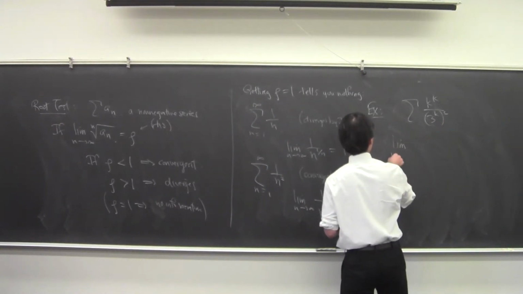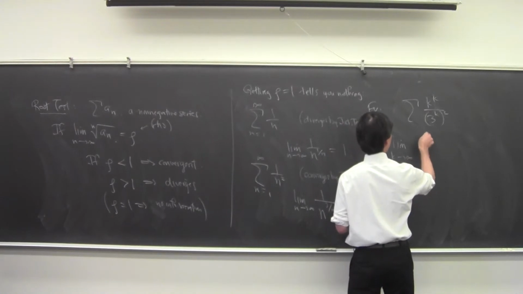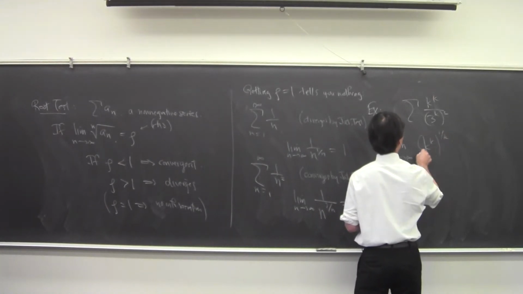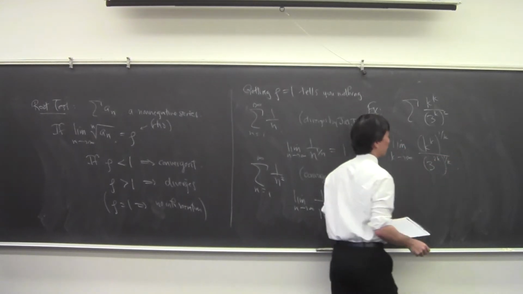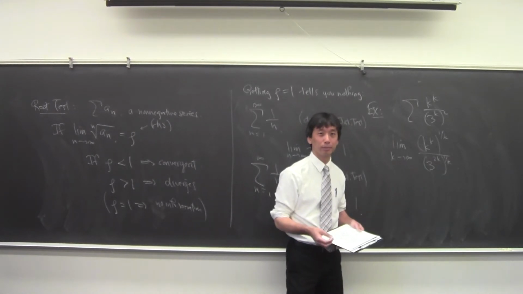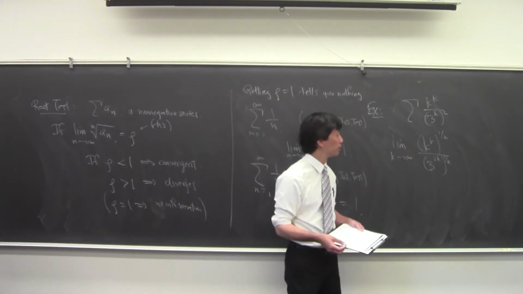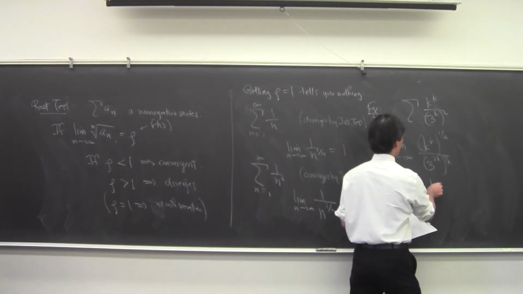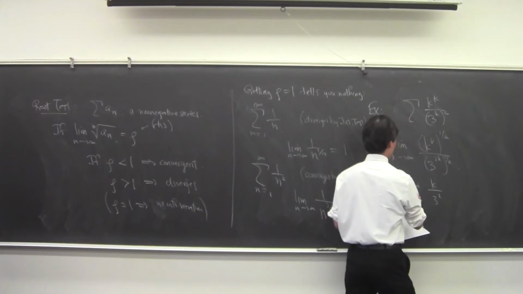You look at the kth root of this thing, so you get k to the k to 1 over k, and 3 to the 2k to 1 over k. So what's going to happen? You end up with the limit of k over 3 squared as k goes to infinity.